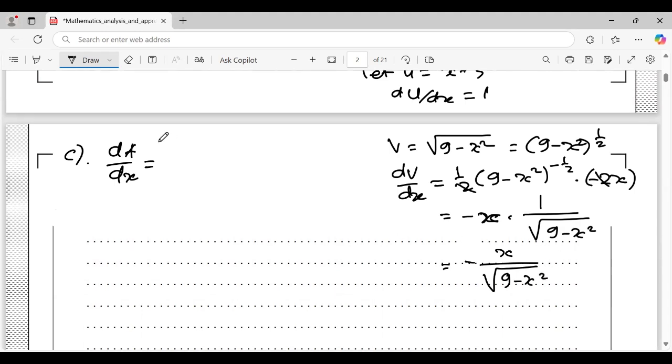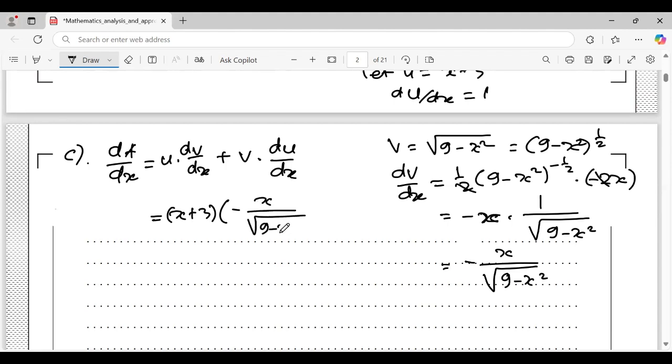Okay, dA/dx is u times dv/dx plus v times du/dx. u is x plus 3, dv/dx is minus x over square root 9 minus x squared, plus v, which is square root 9 minus x squared, and then du/dx is 1.